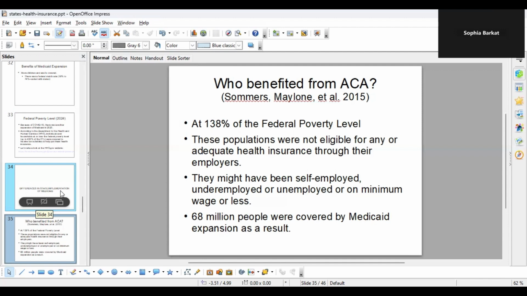So these are people who may have been self-employed or underemployed or unemployed. And many of them are working minimum wage jobs, right? So 68 million people were covered by Medicaid expansion.